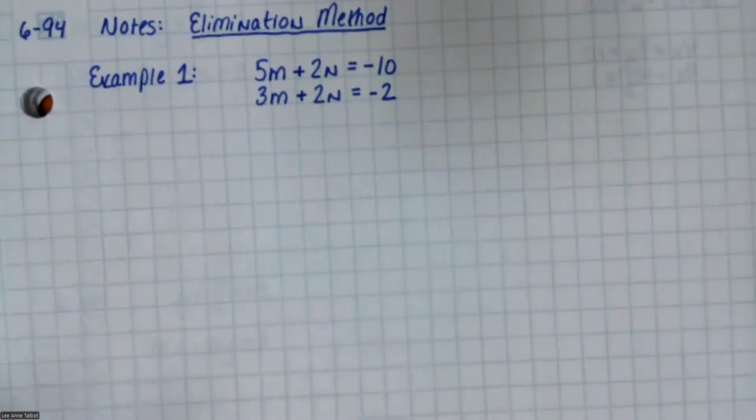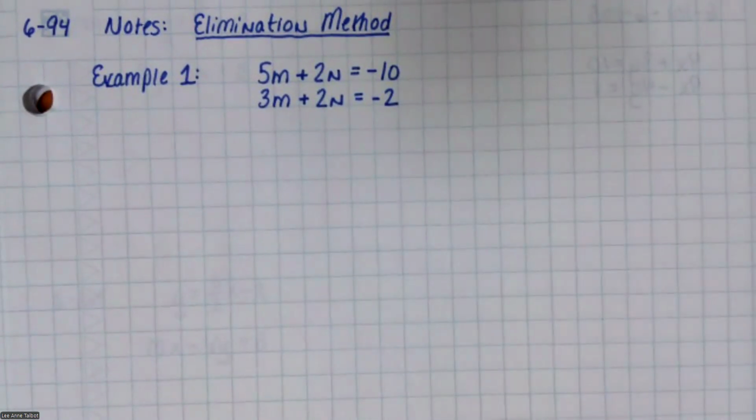Next problem, we have two examples, and one of them is level 2, and one of them is level 3. And now we're done, and you guys can work on your worksheet.